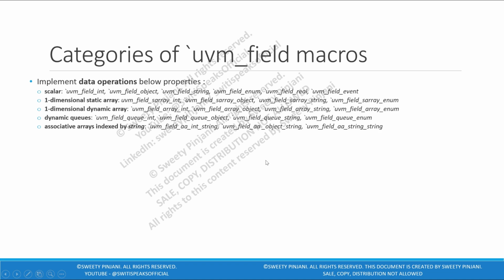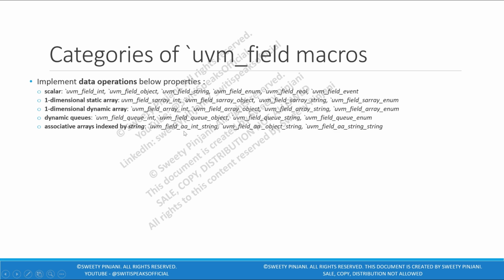Say you want to implement the data operations for associative arrays. These associative arrays can be indexed by string or by integer. Say your associative array is indexed by string. For that, you will use the prefix UVM field AA. AA stands for associative array. Then whatever is your data type, and since it's indexed by string, you will use suffix _string.